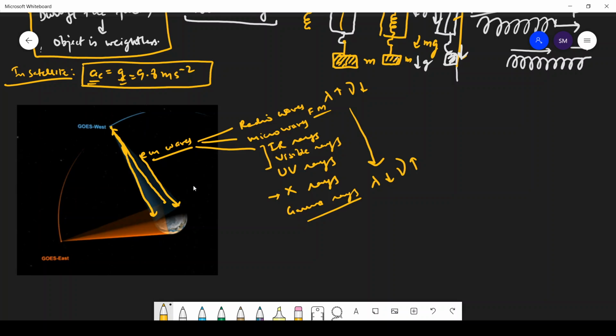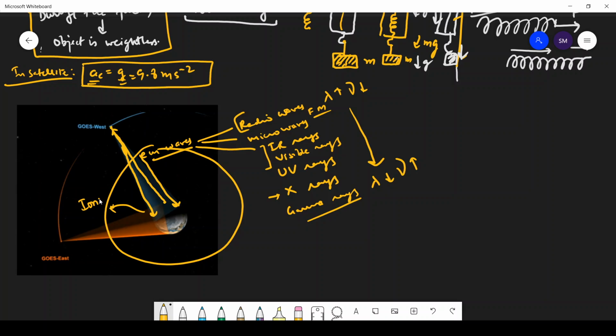So electromagnetic waves above a certain frequency are not reflected from the ionosphere. So we have the ionosphere here. Okay, so your radio waves, earlier on, like 100 years ago, there were no satellites, but still we were able to listen to the radio. So why? Because of the ionosphere, students.